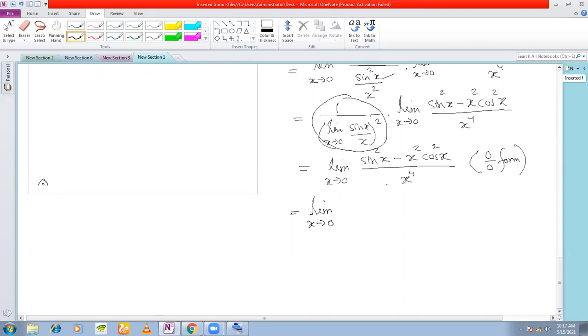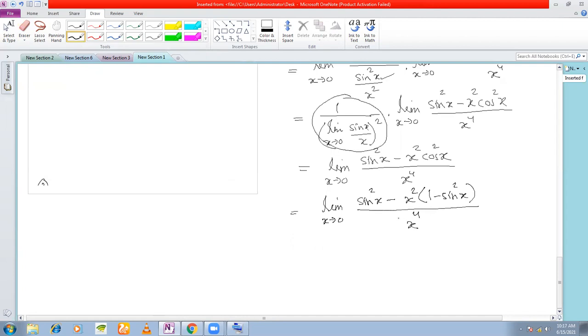So what you can do is change this cos square to a sine square and then apply L'Hospital rule. Fine. So this is limit x tends to 0, sine square x minus... The reason I'm changing to sine square is because the derivative of sine square is very convenient, isn't it?